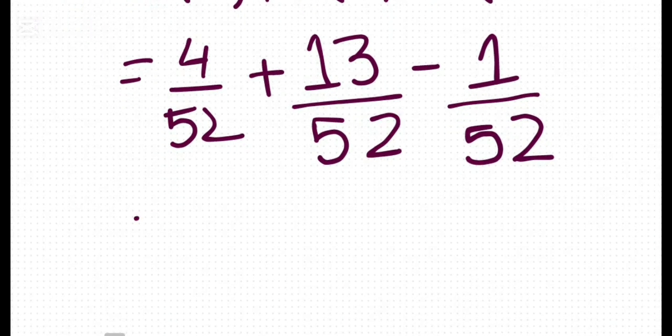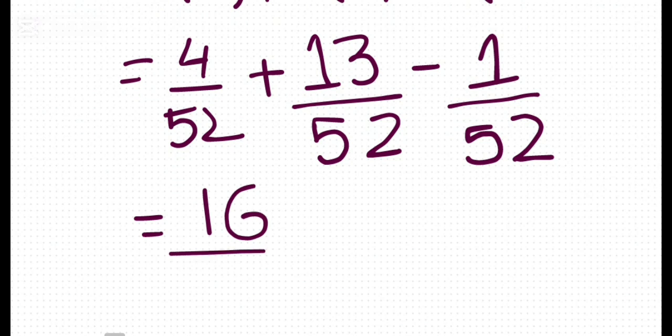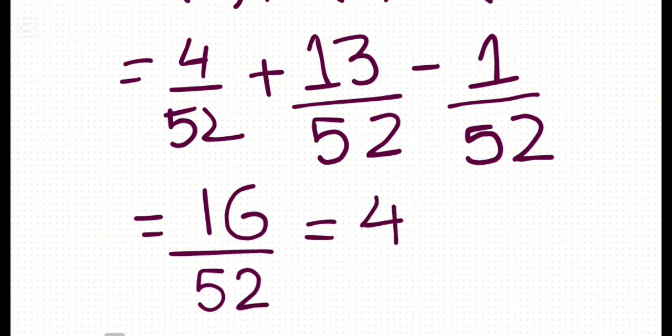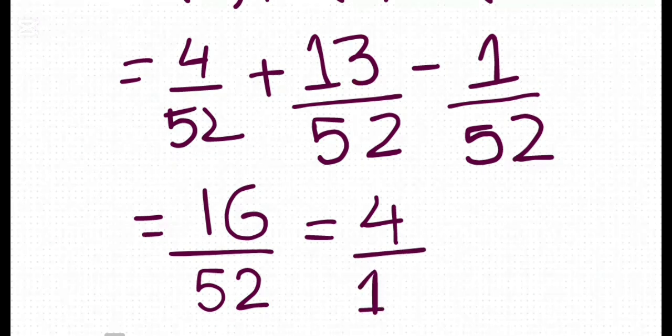You will get 16 out of 52. If you cut these values, you will get 4 out of 13.